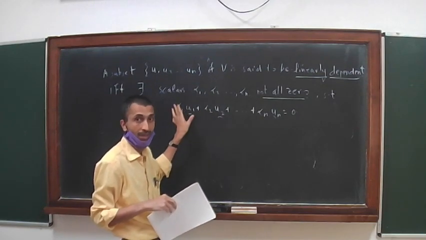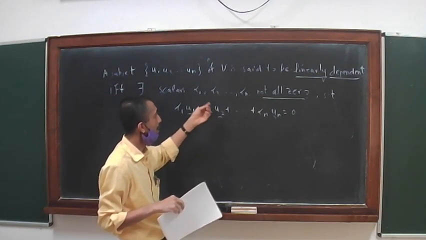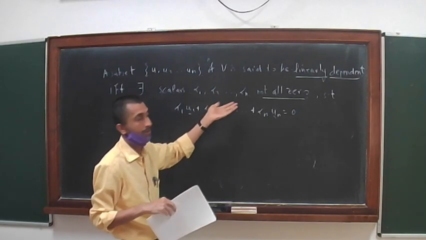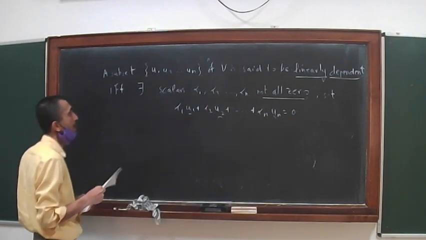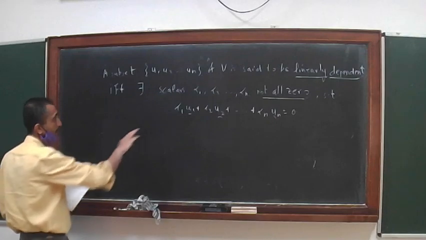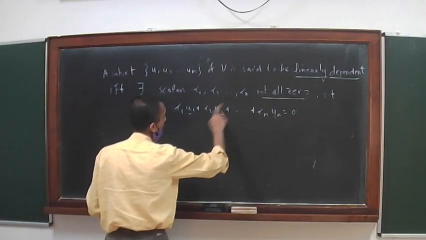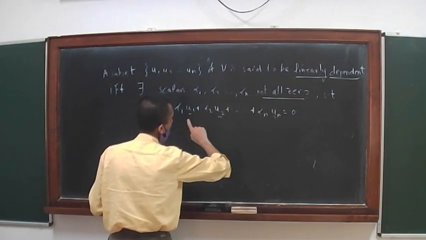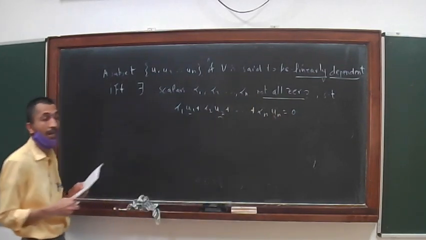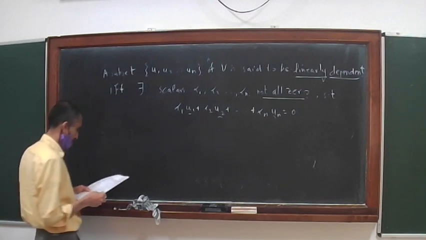At least one element has to be non-zero. That is what we mean by not all 0, such that this condition is satisfied. If this condition is satisfied and not all of them are 0, then this is a linearly dependent set.